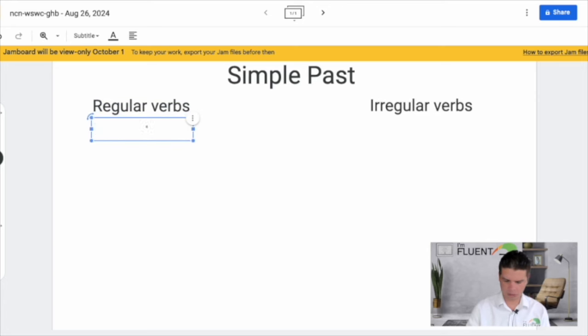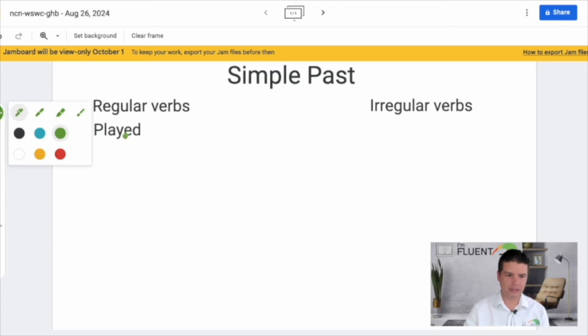Here we use a very simple one, which is play, and what we do is we just add the letters ed, and there we have a regular verb in the simple past due to the reason that it's ending in ed.